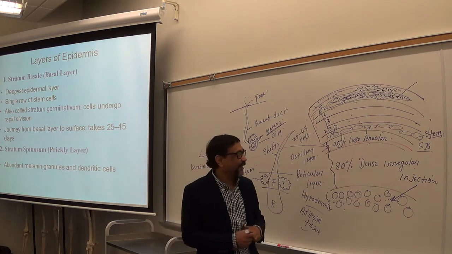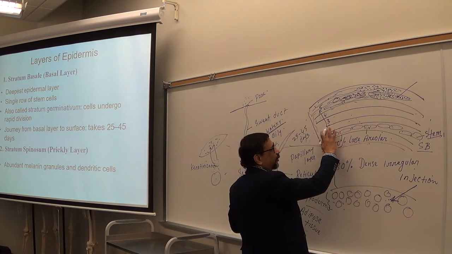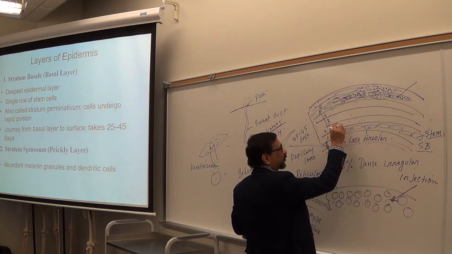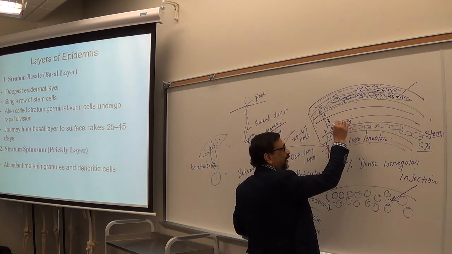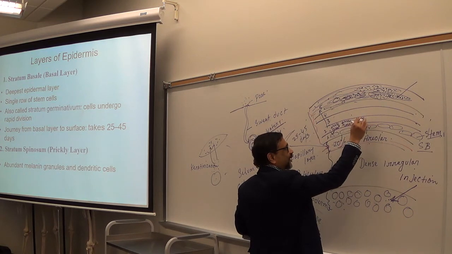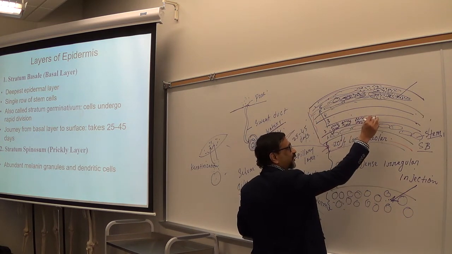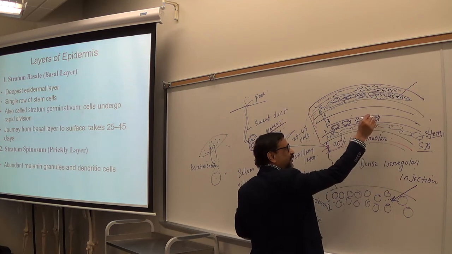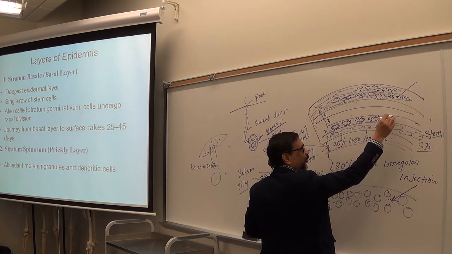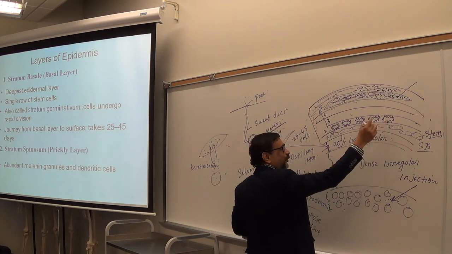Then the next layer is called stratum spinosum. If you see the cells in this layer, the cells have spikes or spines, you know, the sharp processes.